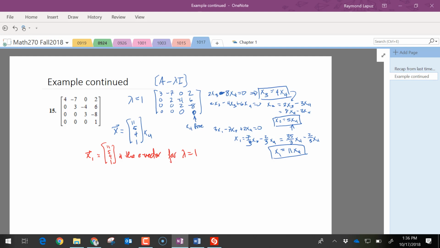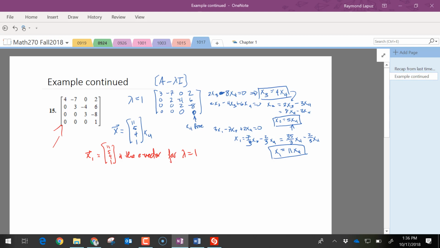Yeah. So this is all just using the null space? This is all finding the null space for each of these eigenvalues. So it's not the null space of the matrix. Well, the null space of the matrix would be the null space for this. But that's not the original matrix.